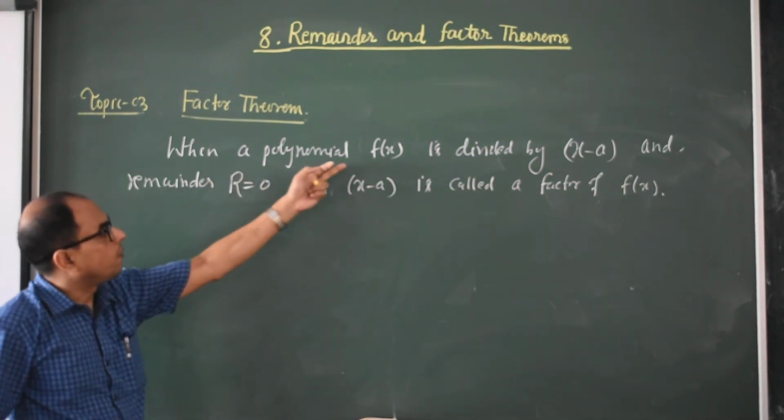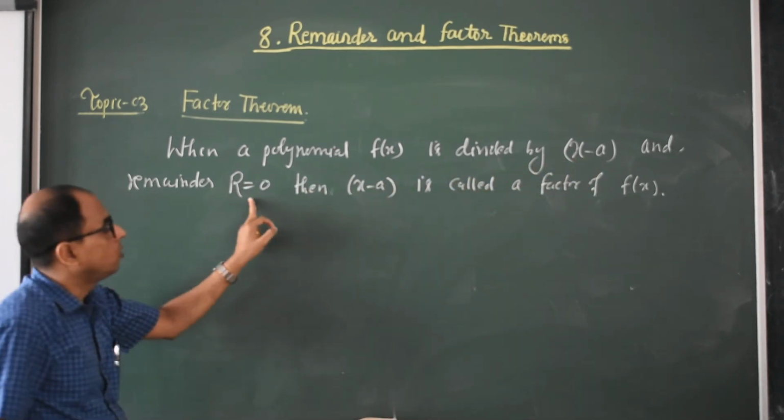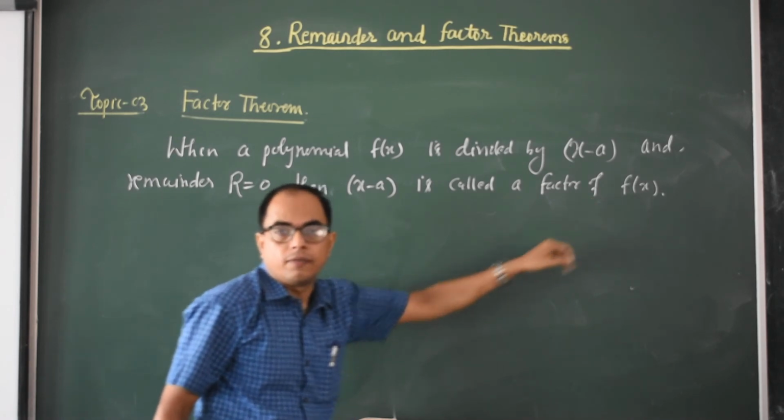When a polynomial f(x) is divided by x minus a and the remainder is 0, then x minus a is called a factor of polynomial f(x).